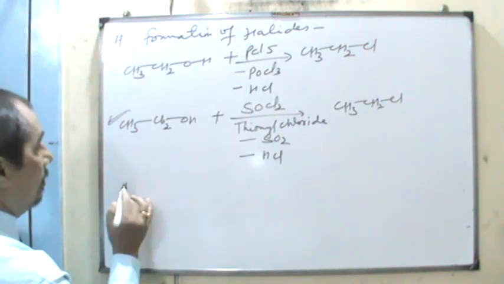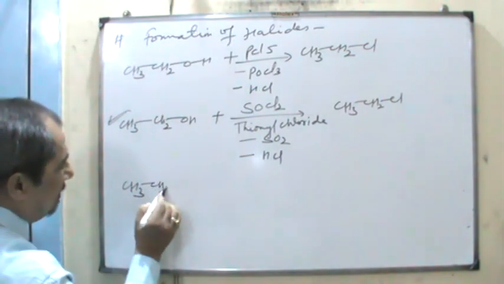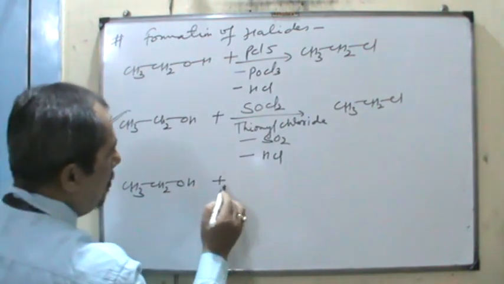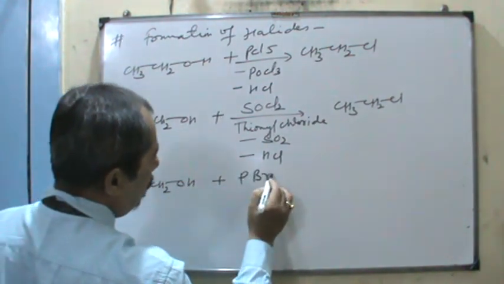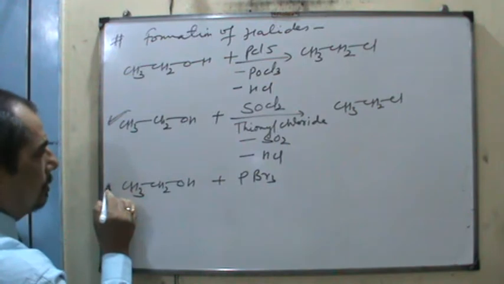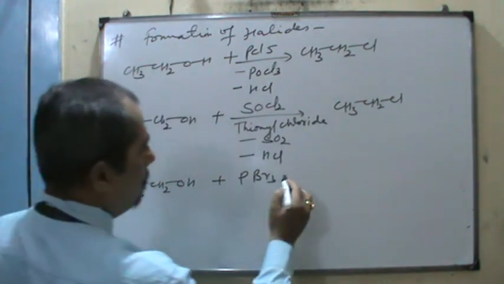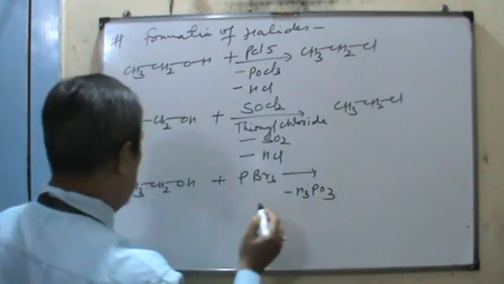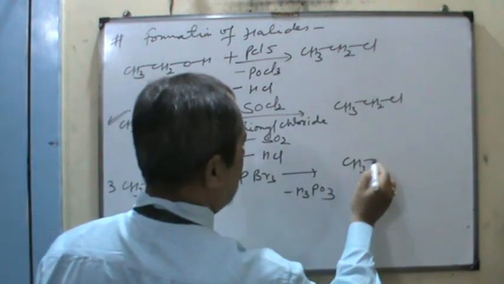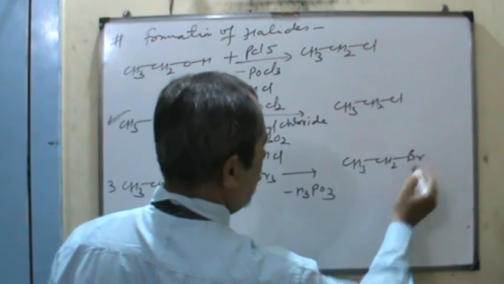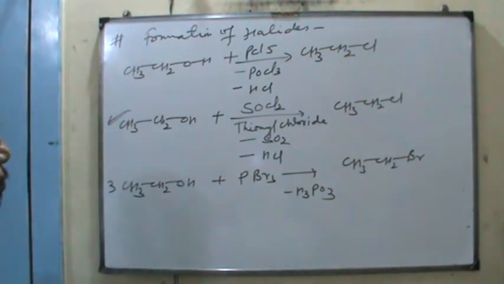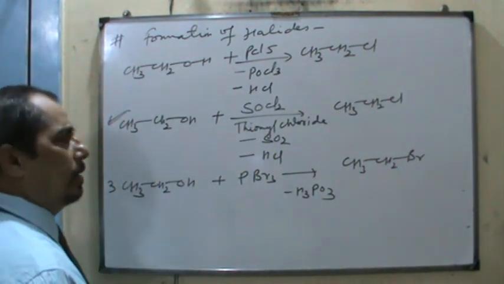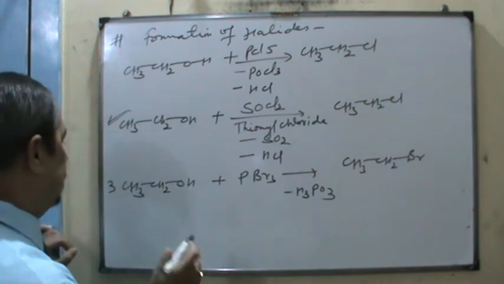Now further the formation of halide is CH3CH2OH plus PBr3. So you take, you see 3 molecules here. Now H3PO3 is lost, and then CH3CH2Br. So in that way you prepare the chloride, bromide and whatever it is.